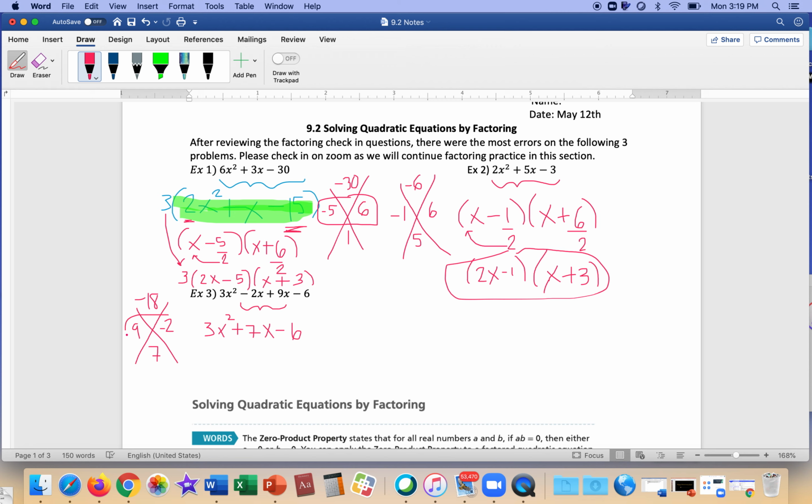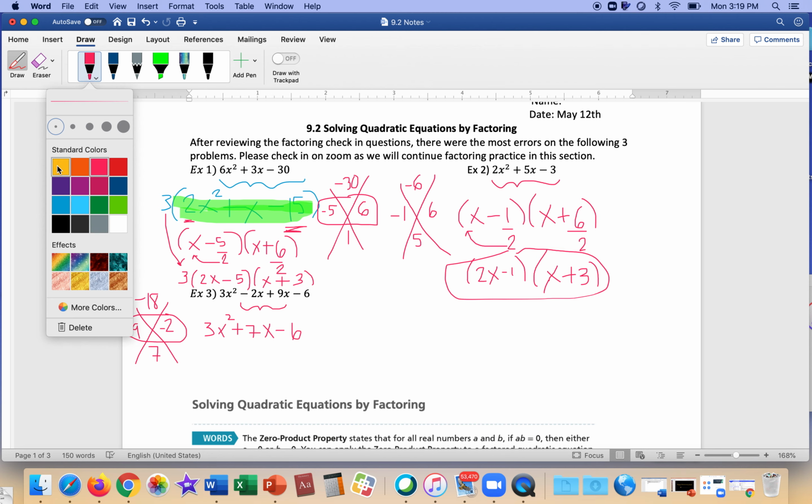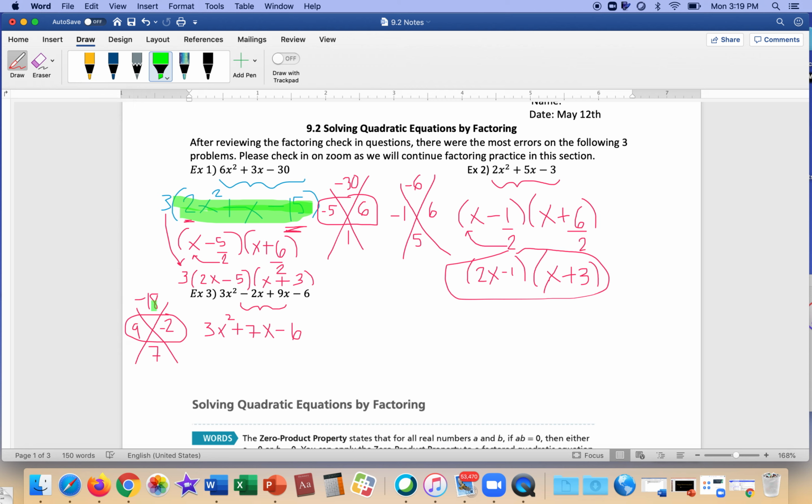Now I'm going to practice factoring by grouping. So you could do the last method I just showed you, or some of you like to group. So remember, what grouping means is you take your factors and you can replace your middle term with the factors.